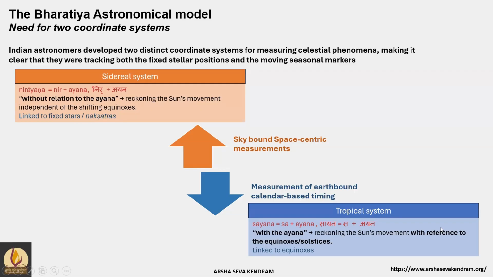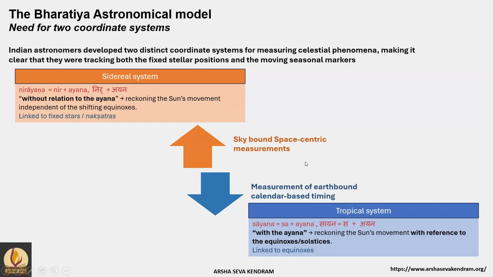Here the reference point is the equinox, which is not static because of precession. So a system based on the fixed stars is called the Nirayana, whereas a system based on the dynamic equinoxes is called the Sayana, right?